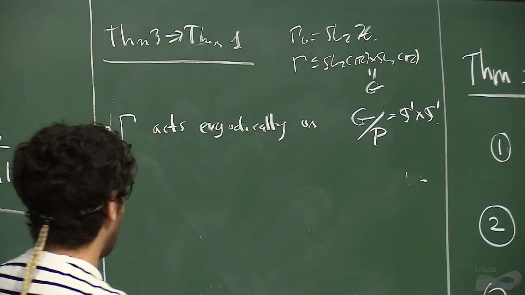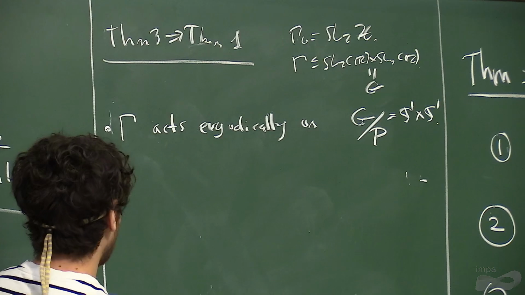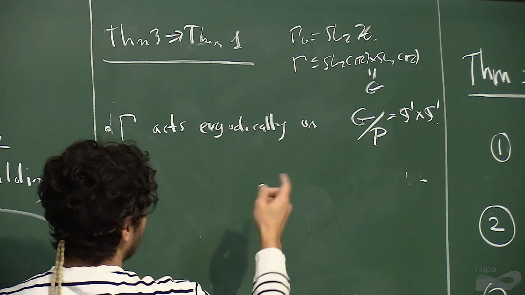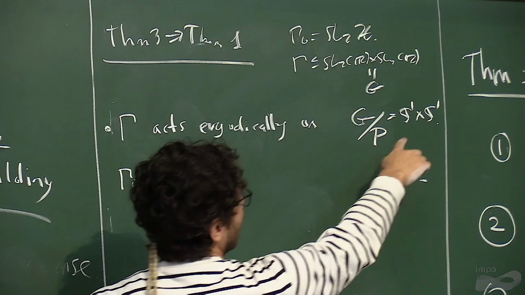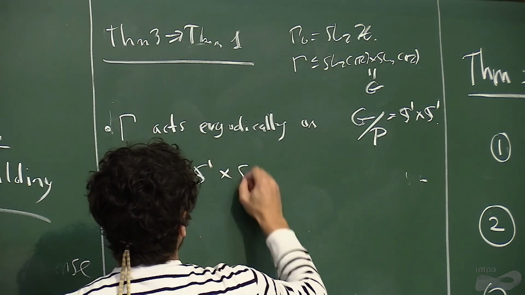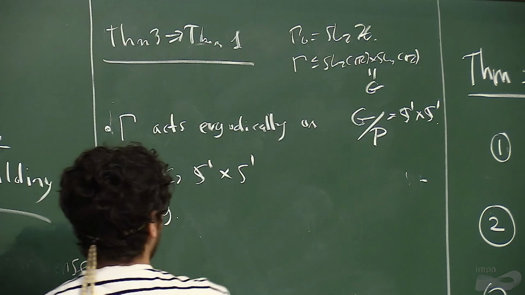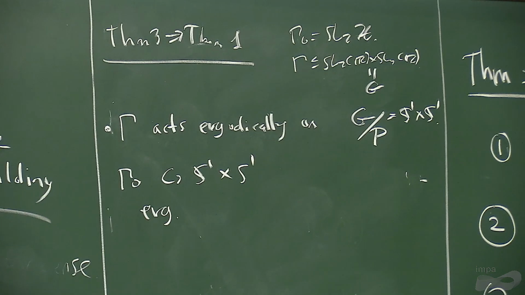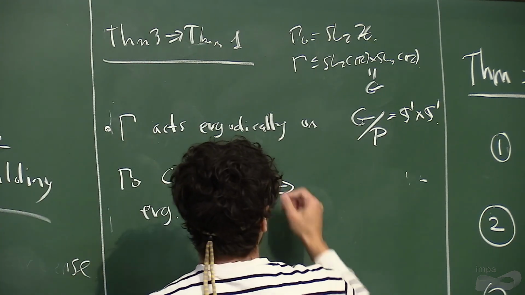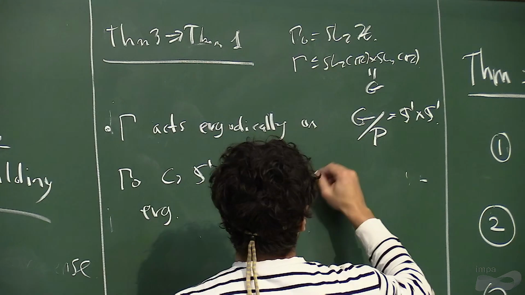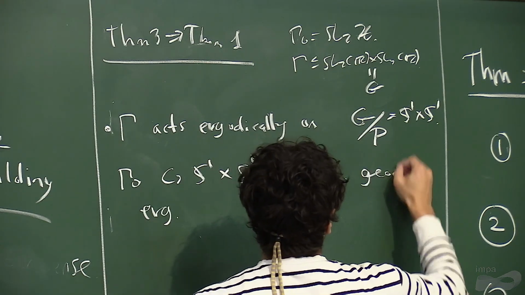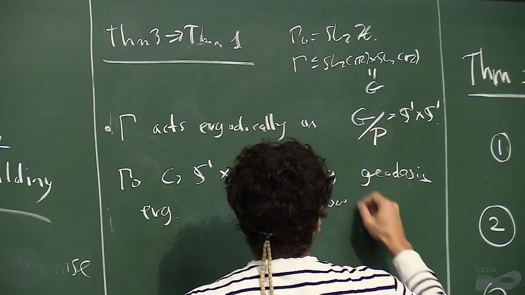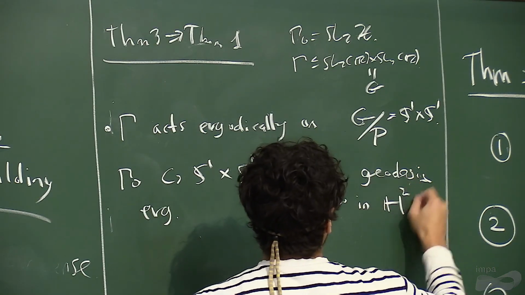And the reason gamma acts ergodically is that the lattice itself, SL2Z, acts ergodically on S1 times S1. This is equivalent to the ergodicity of the geodesic flow in the hyperbolic surface, H2 mod gamma 0.